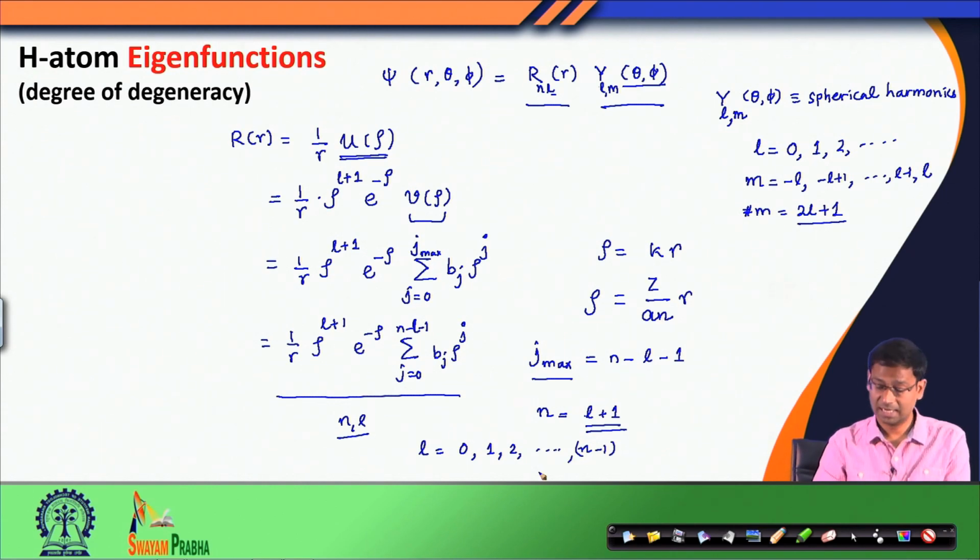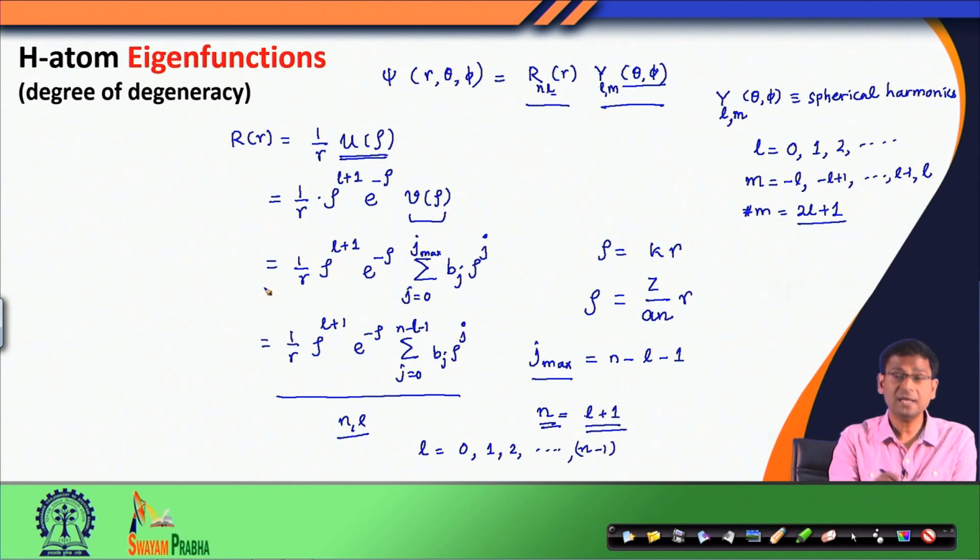So, I see that for a given value of n, I have n number of L values. What are they? They are 0, 1, 2 until n minus 1. So, for a given value of n, I have n number of L values, and for a given value of L, I have 2L plus 1 number of m levels.